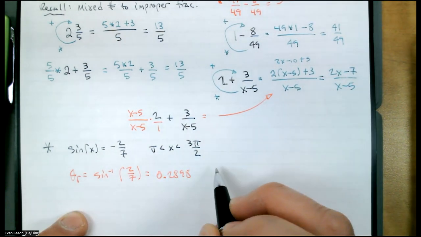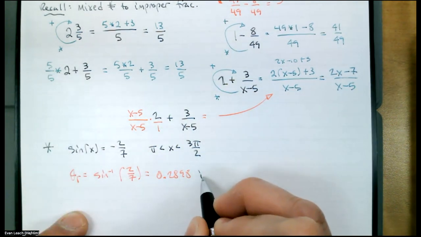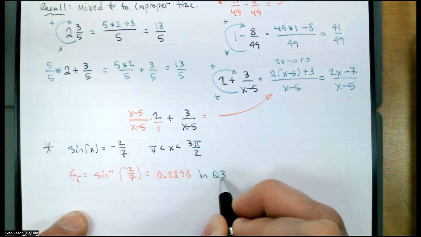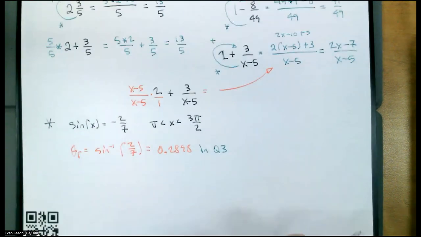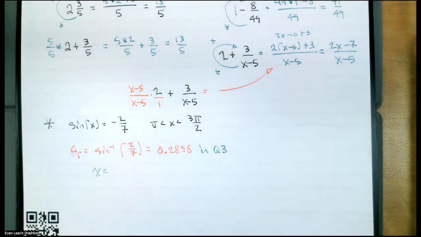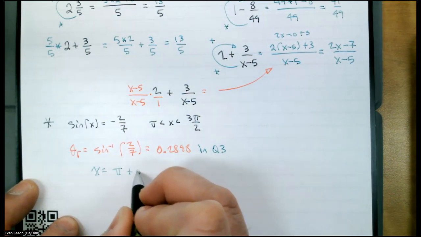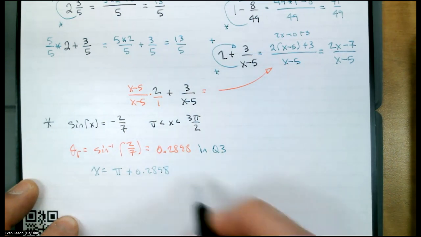And we're going to put that in quadrant 3. So our x is going to be 0.2898 in quadrant 3. So I'm going to take pi plus 0.2898.